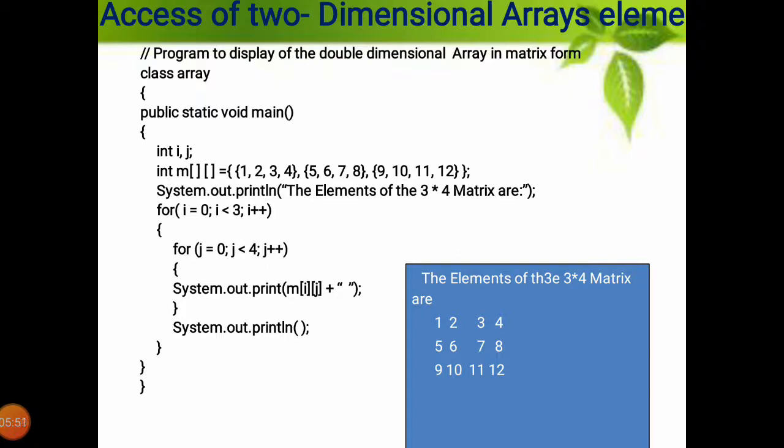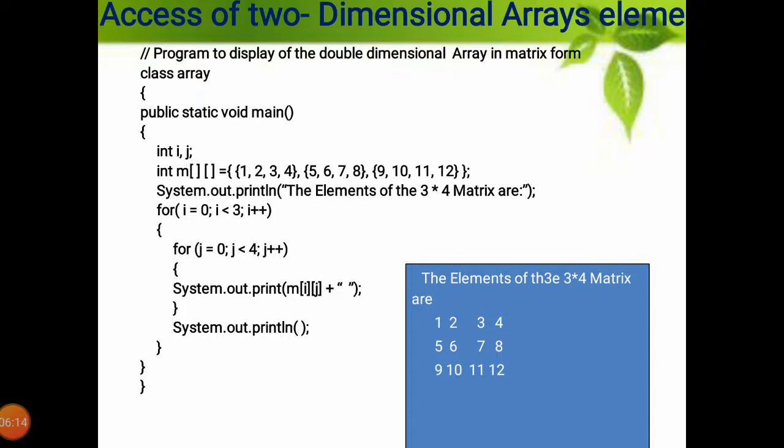Next time the value of i is equal to 1. When i is 1, again the inner loop revolves 4 times and prints the cells M10, M11, M12, M13. In this way it prints all the values of the second row.